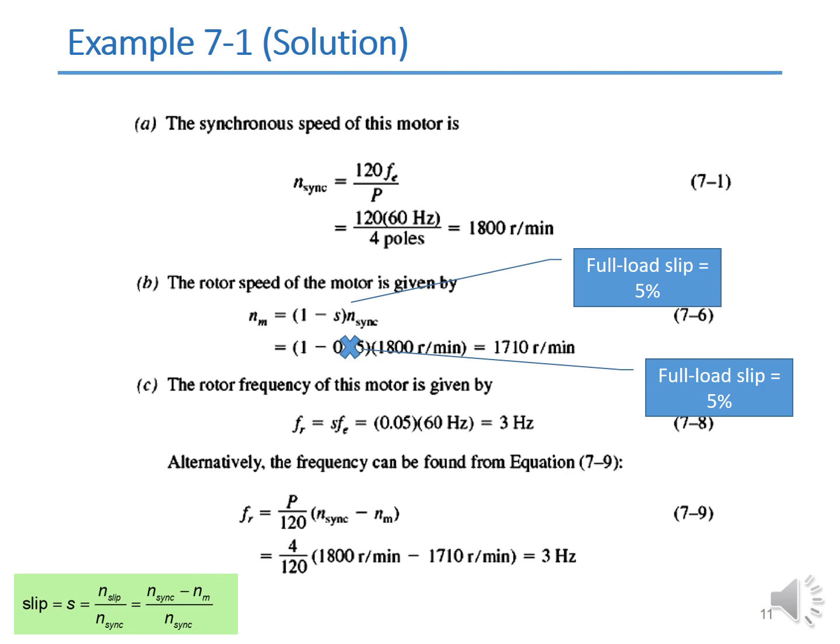It is supposed to be 1 minus 0.05 times 1800 rpm. For the rotor frequency, we can use the equation f_re equals s f_e. S again is the slip, which is 0.05, times f_e of 60 hertz, which gives us a value of 3 hertz.